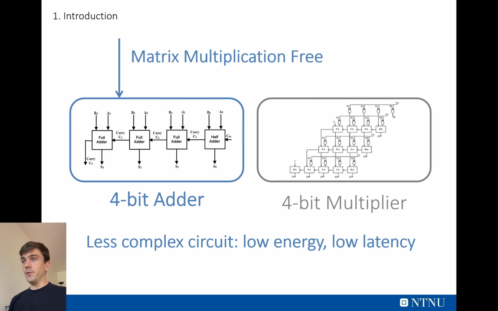So in theory, if you take the chip and you don't use the multipliers and you only use additions and subtractions, you should be able to use less energy and also less latency. So that's the main idea behind matrix multiplication free models. If you are able to have the same neural network that works with the same accuracy but doesn't use multiplications, then you should be able to save energy with that network.